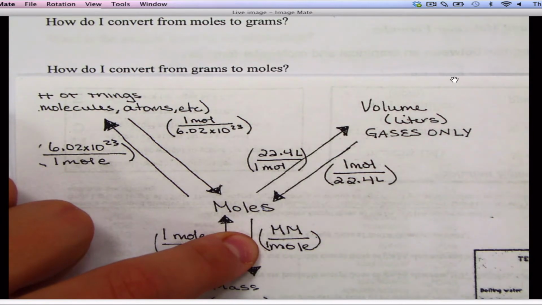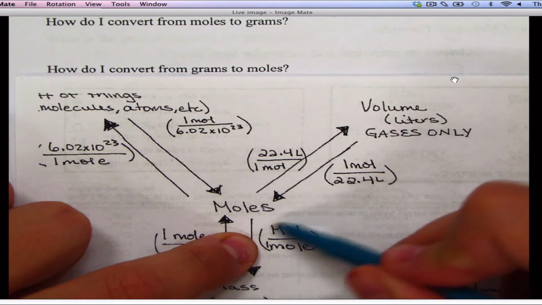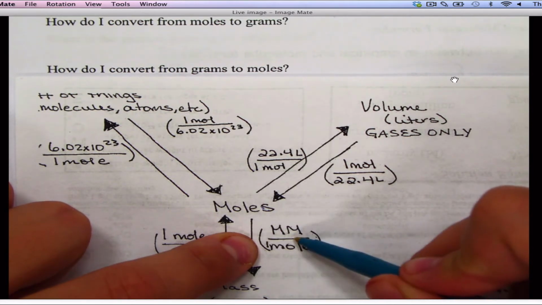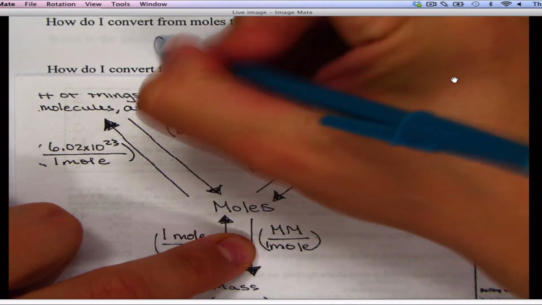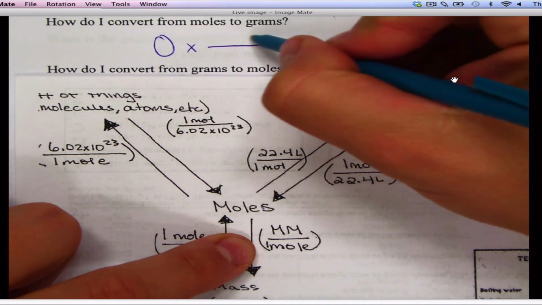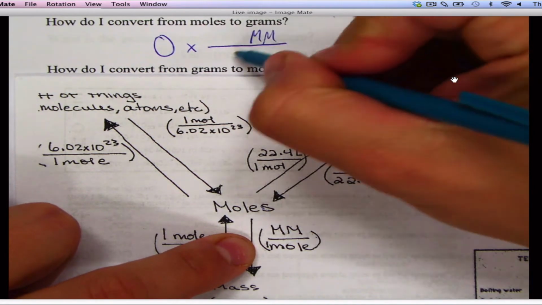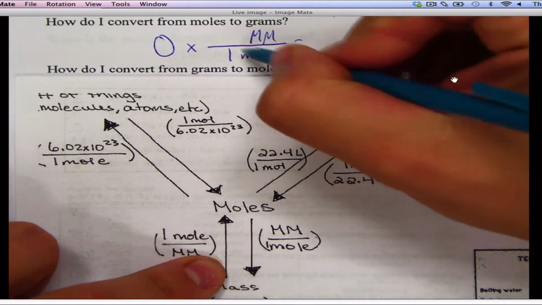Some people don't call it formula mass. Some people call it molar mass. Just realize this is the weight of the compound on the periodic table, all added up and everything, the number of atoms together. So you'll have your given, and you'll have your molar mass on top, or formula mass. And to get rid of moles, you put moles on the bottom, right? And moles we cancel out.